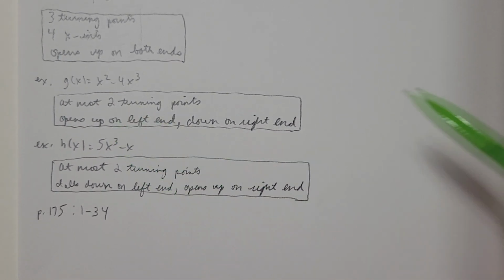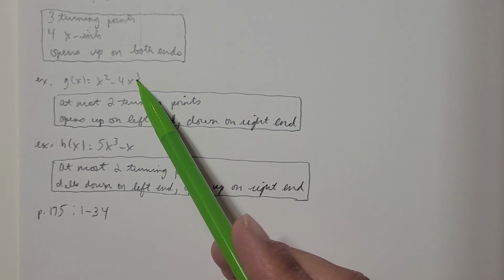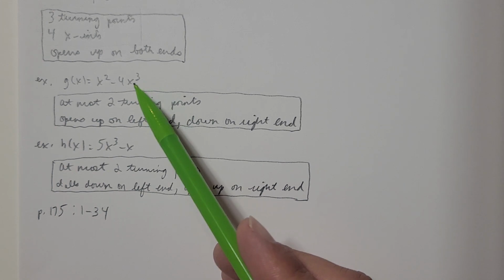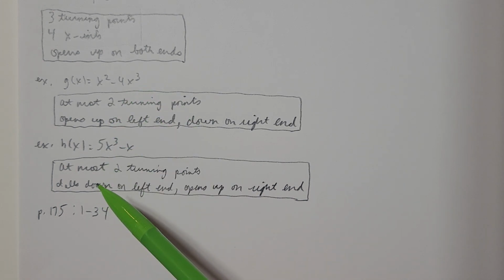Let's try these 2 examples next. I'll give you a function, and let's just describe how many turns at most there would be, and then what's happening at the 2 ends of the curve. So what if I have g of x equals x squared minus 4x cubed? This is a degree 3 polynomial, and that means there's going to be at most 2 turning points.